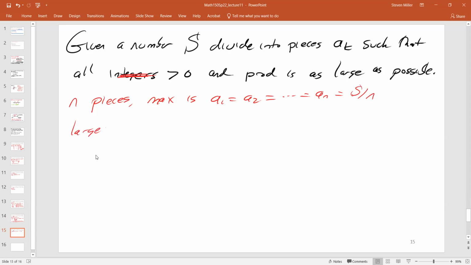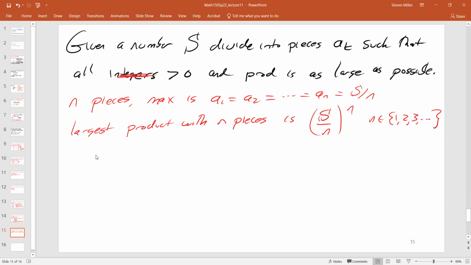So the largest product with n pieces is (S over n) to the n, and n ranges over the positive integers. I want to maximize this over the integers. So I want to find the maximum over n, a positive integer, of (S over n) to the nth power.